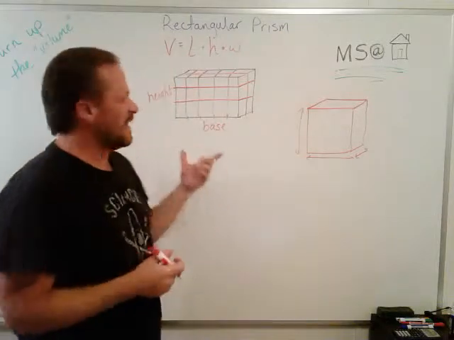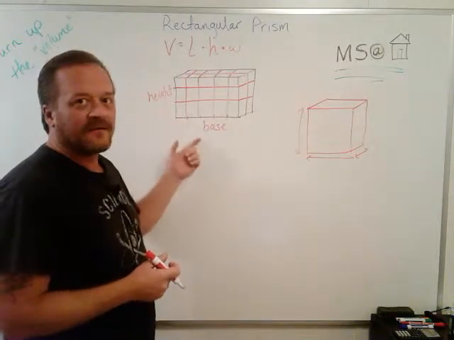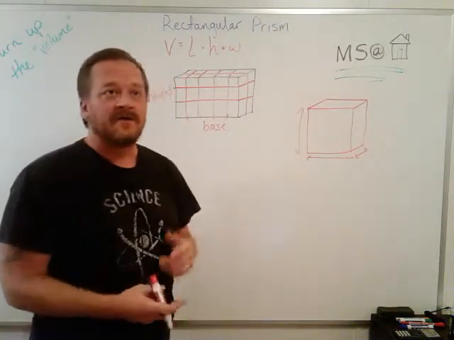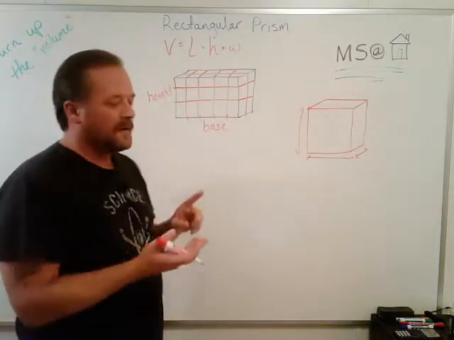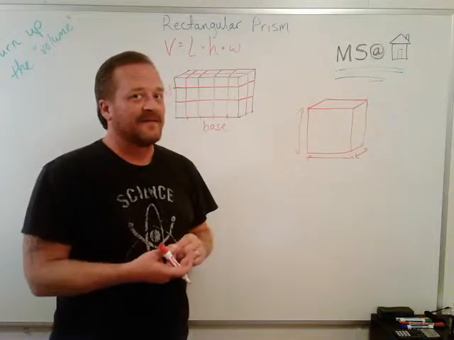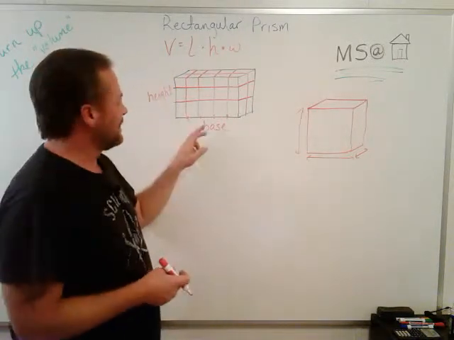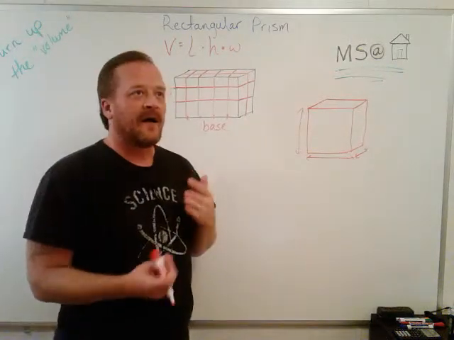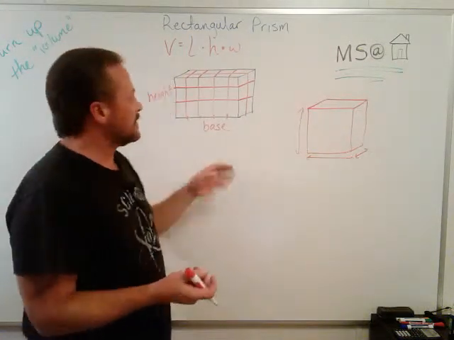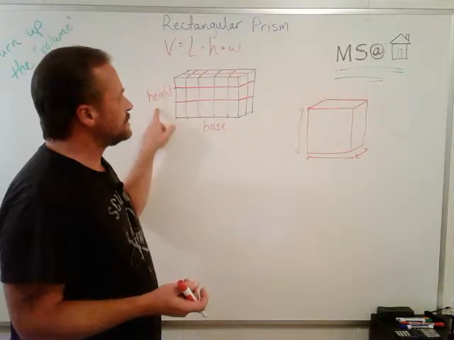And now does this kind of look like a formula we've dealt with before? Do you remember the formula for parallelogram? Base times height. Do you remember the formula for triangle? Half times base times height, or base times height over 2. And then there was also the trapezoid, where we were talking about bases and heights.